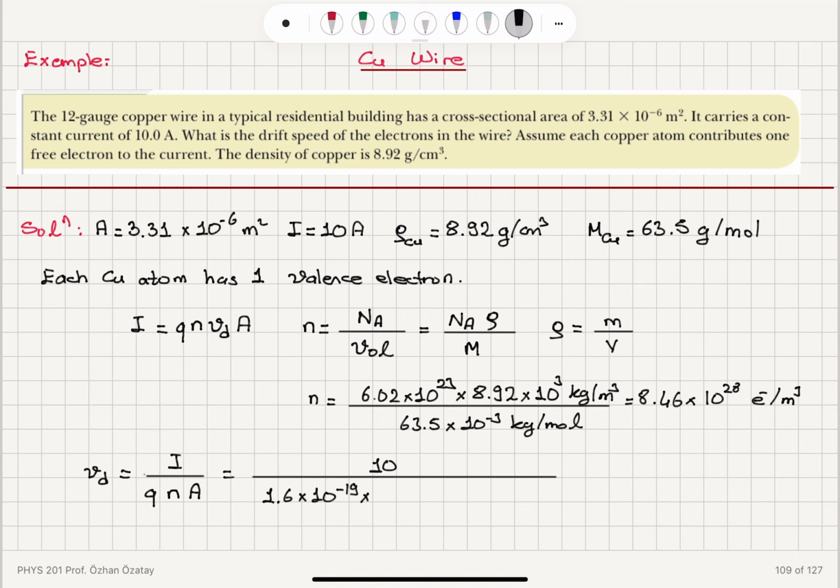The number density is 8.46 times 10 to 28. And the cross-sectional area is 3.31 times 10 to minus 6. So this gives me my final answer for the drift speed, 2.23 times 10 to minus 4 meters per second.